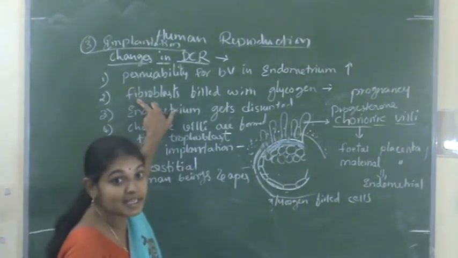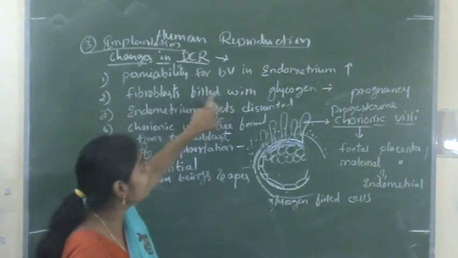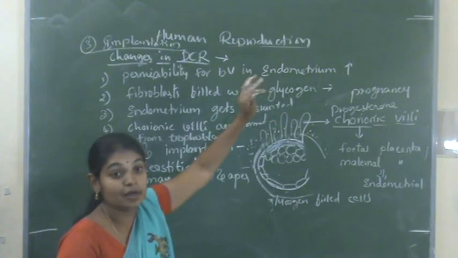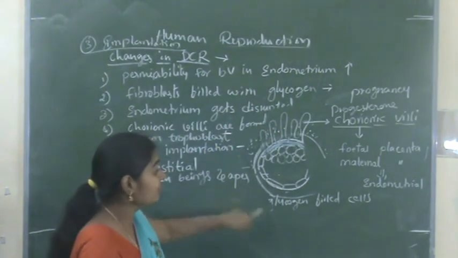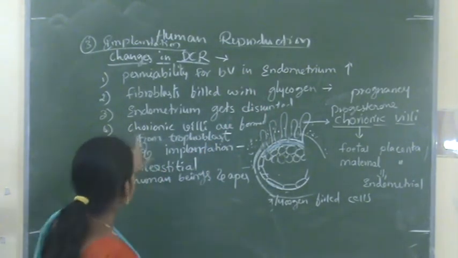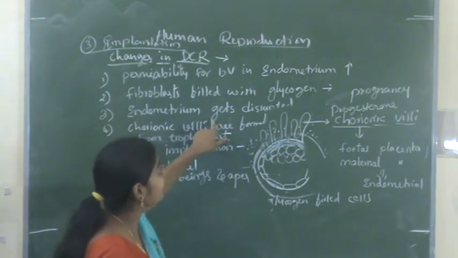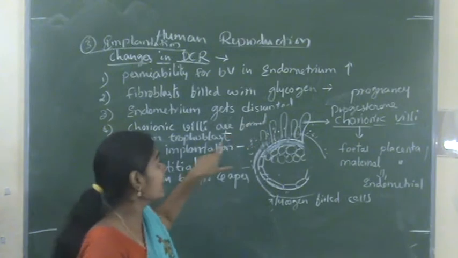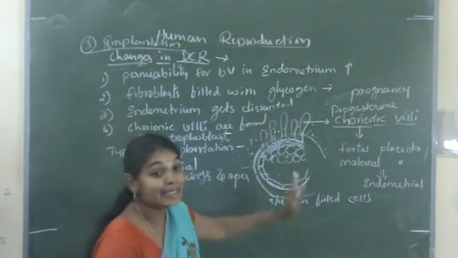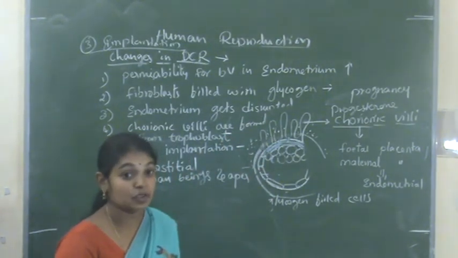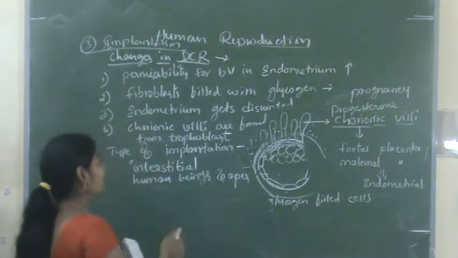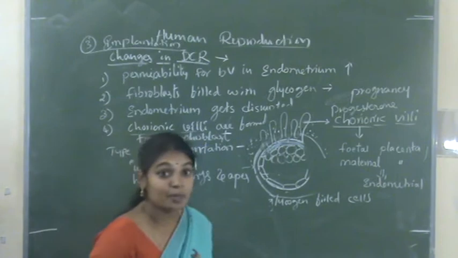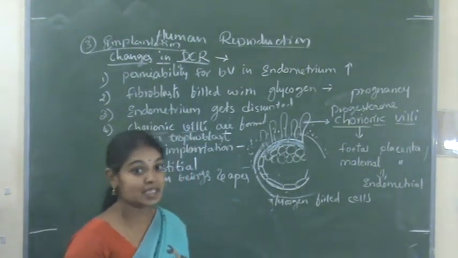The next change is that fibroblasts are filled with glycogen, and these cells are known as glycogen filled cells. The next stage is that the endometrium gets disrupted, and then the chorionic villi project deeply into the endometrial lining, and the chorionic villi are formed from the trophoblast layer.